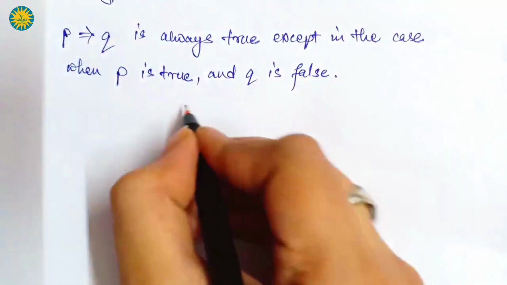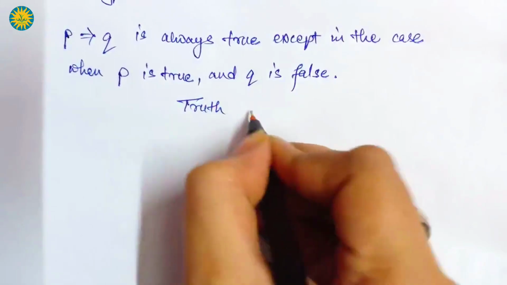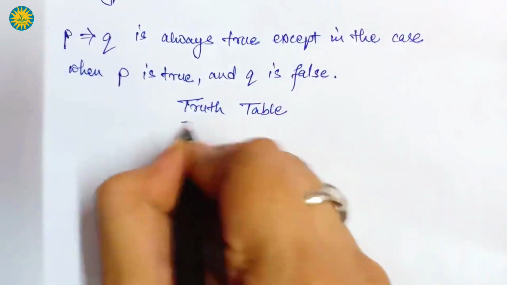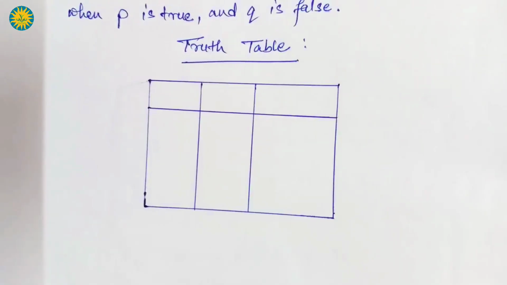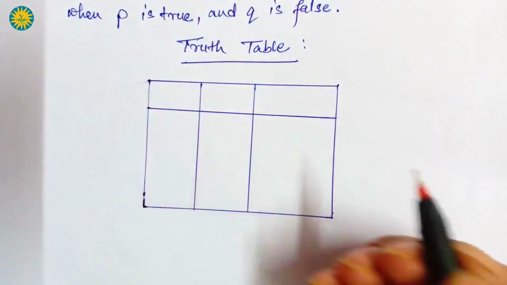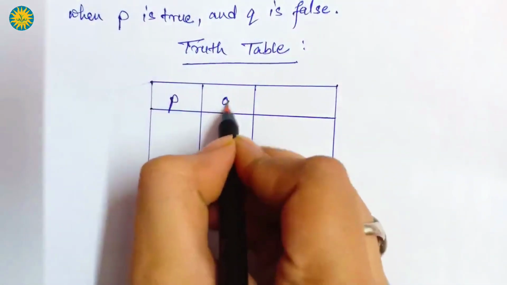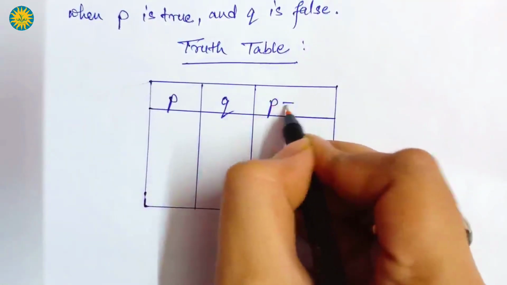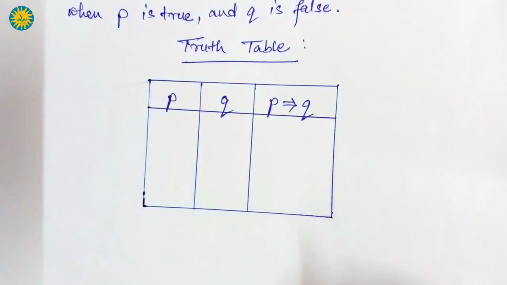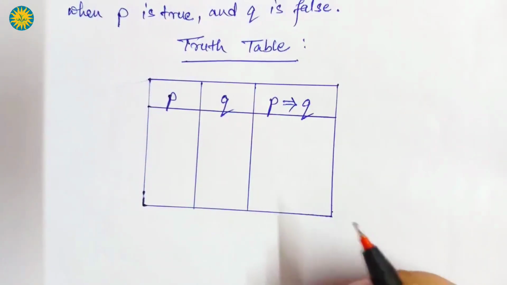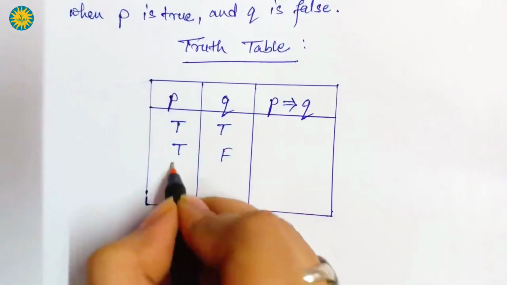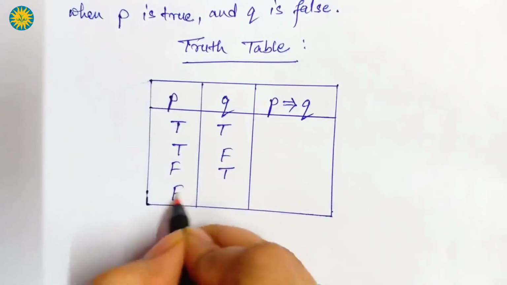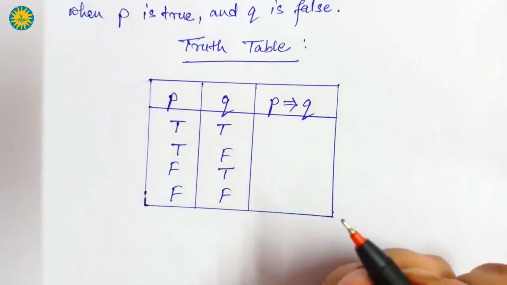So we will make a truth table. In this truth table, we will make 3 columns: P, Q and P implies Q. So there are 4 cases: true, true; true, false; false, true; and false, false.